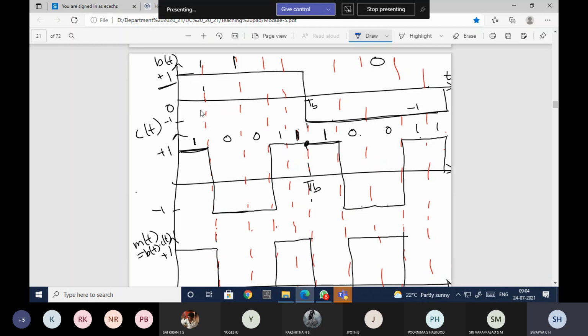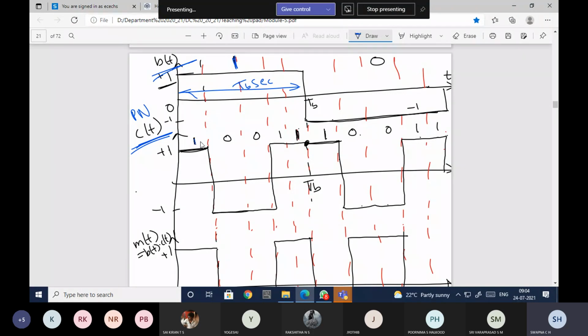The time duration of this data sequence is TB seconds. Within this TB seconds, within 1 bit duration, I should have the whole PN sequence.